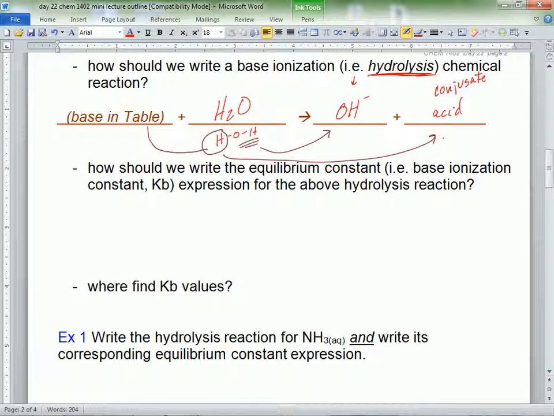So that's what's going on. The base grabs an H off of a water molecule, forms conjugate acid, leaving hydroxide. Now it's weak, so we should have a double arrow. It's big time on the product side. So the arrow should be going that way, the little one this way, but no, that's okay.